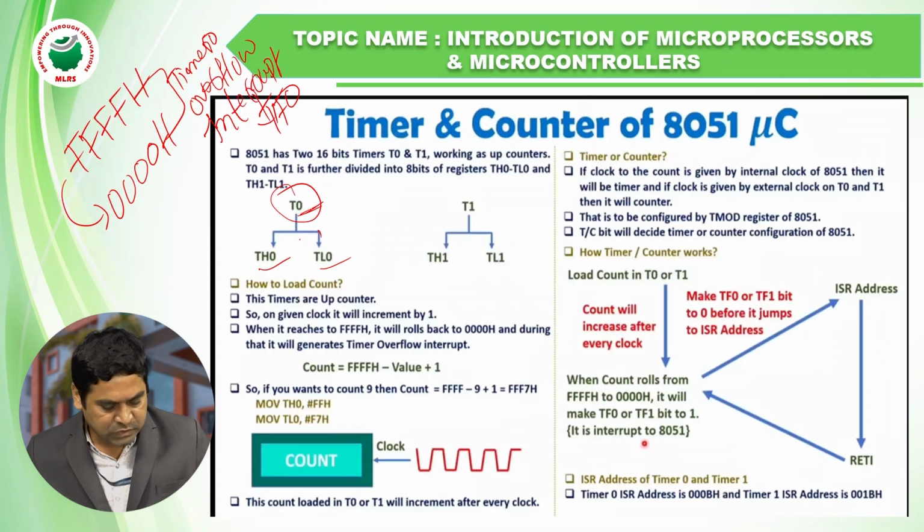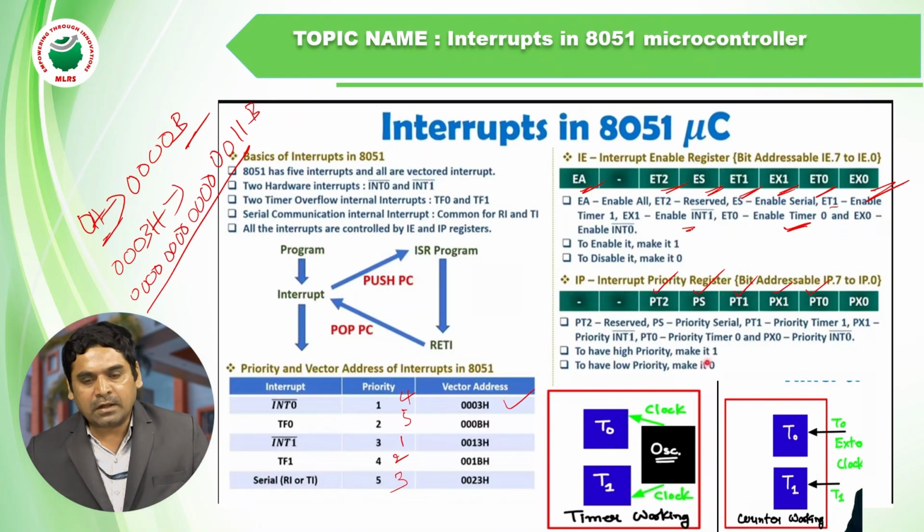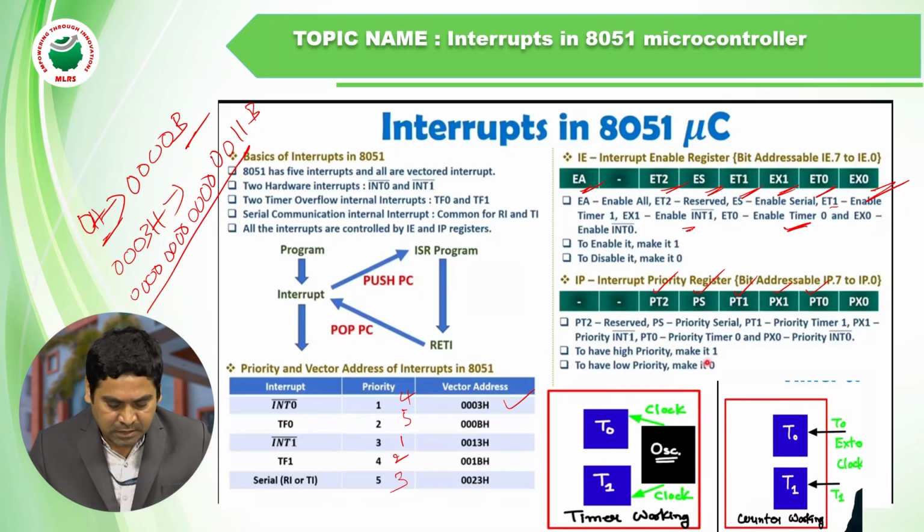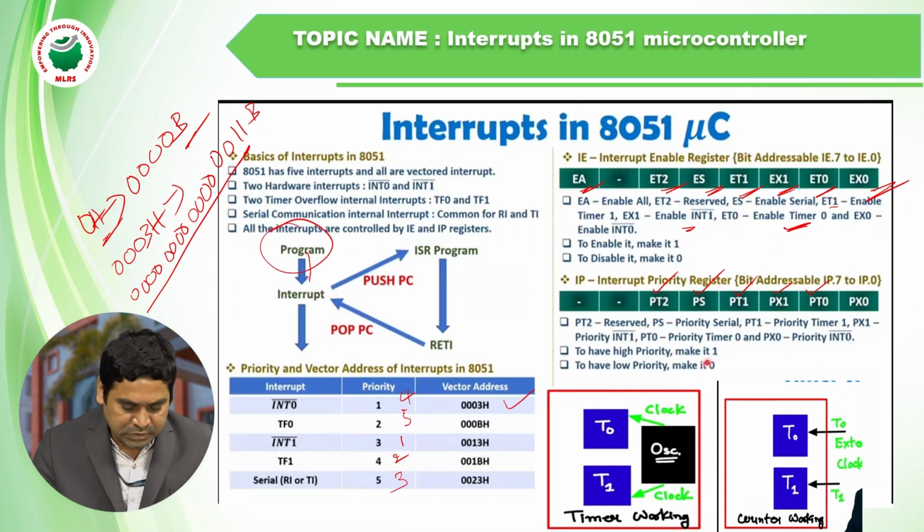We know the TF0 vector address: it is 000BH. It is the ISR, interrupt subroutine address. During the main program, as you can observe in the previous slide, we can get an interrupt of TF0.